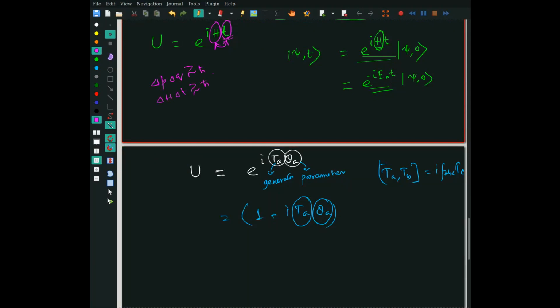So that is another way of looking at why the Hamiltonian is connected to your time coordinate, because the Hamiltonian can in some way be thought of as the generator of translation in the time direction.